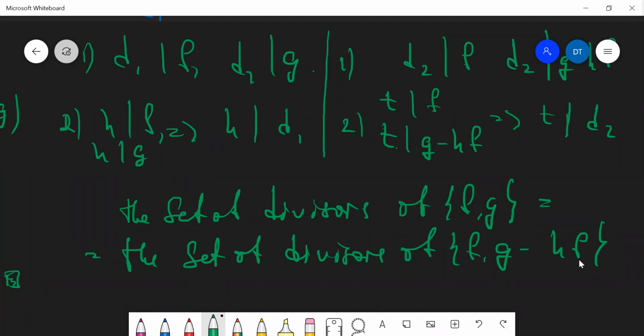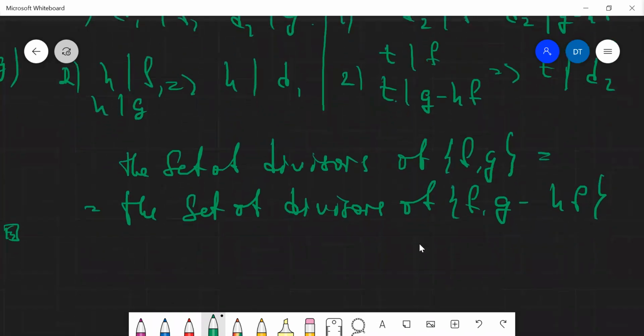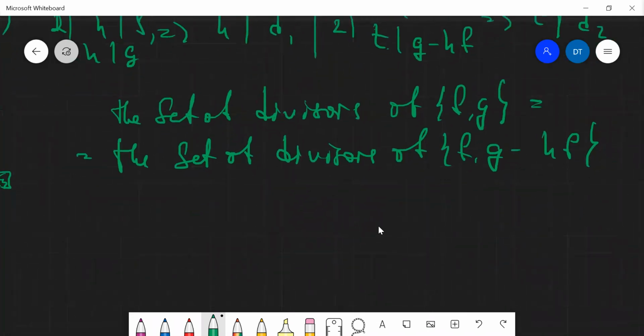Can you elaborate a little bit again on why the set of divisors for the left-hand side is the same as the set of divisors for the right-hand side? Okay, let me repeat. Suppose that we have a polynomial P, and P divides F, and P divides G. Then what does it mean?